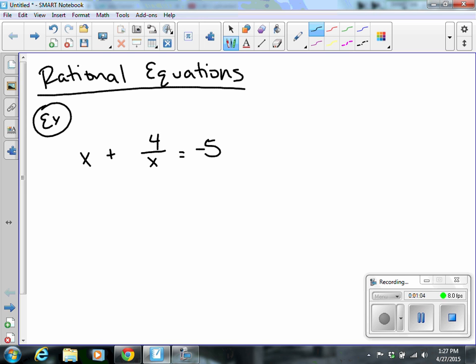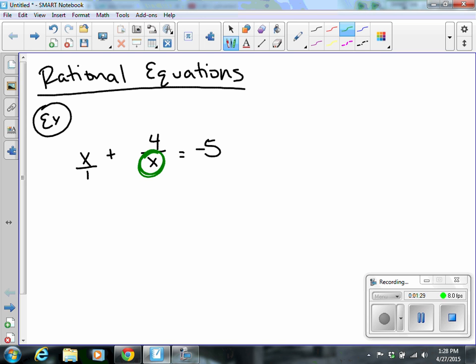Okay, so the first thing I want to do, and you can have this x as x over 1, that's fine. The first thing I know I'm going to have to do is get a common denominator, because 1 and x aren't exactly the same. Or I can eliminate and get this x out of the denominator.